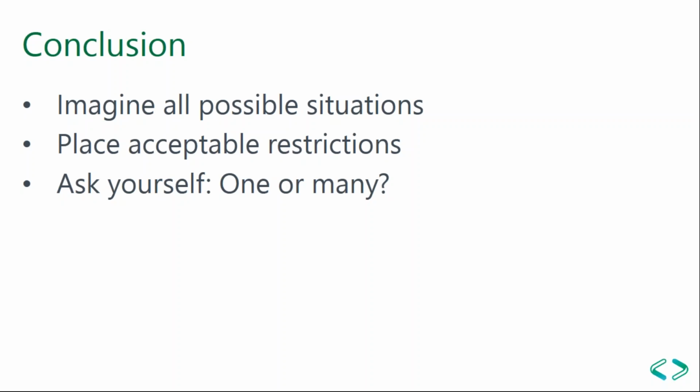So ask yourself, one or many? So you can consider your database and make a good decision. And don't forget, it depends on your situation, on your business and your business requirements.